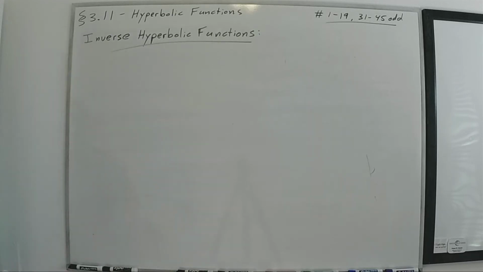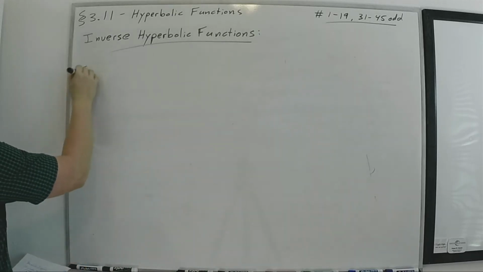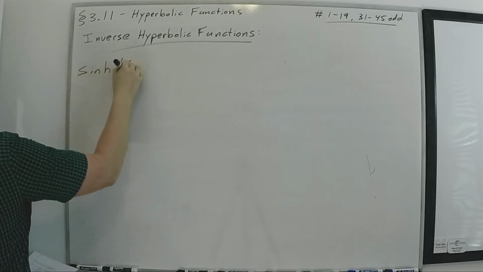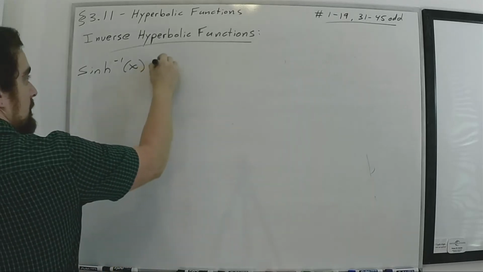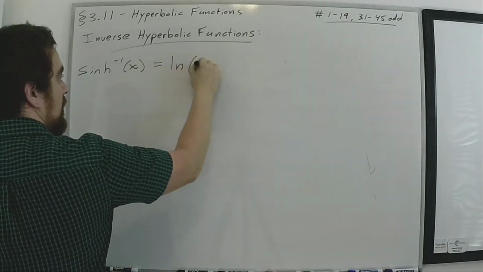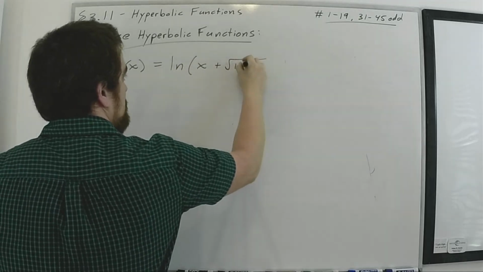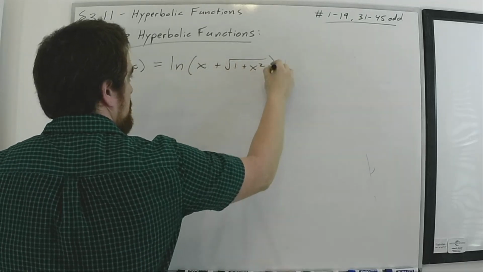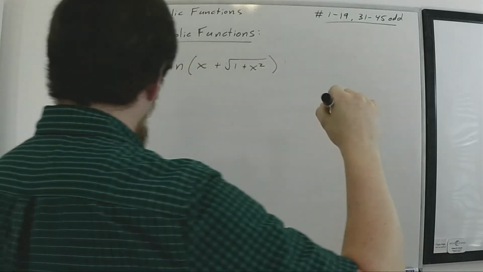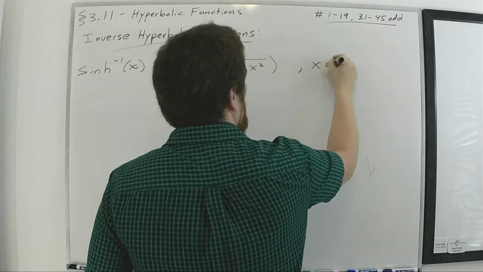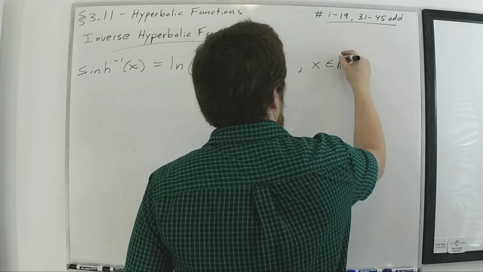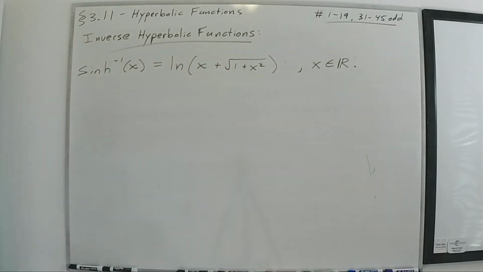So next we want to look at inverse hyperbolic trig functions. Let's get those down and out of the way. Sine hyperbolic inverse is written as the log of x plus the square root of x squared plus 1, as some people remember. And x could be any real number.